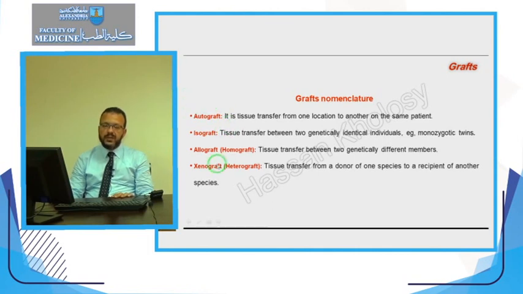If we have the donor site of the graft in one individual and the recipient site in his monozygotic twin, this graft is called isograft. Sometimes we harvest a graft from one human being and transfer it to another human being that is not his monozygotic twin, and in this situation it is called allograft or homograft.